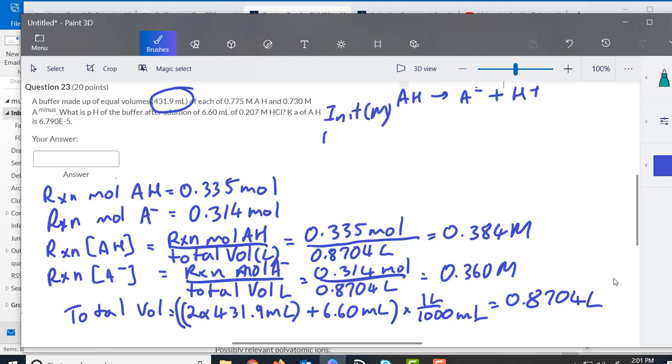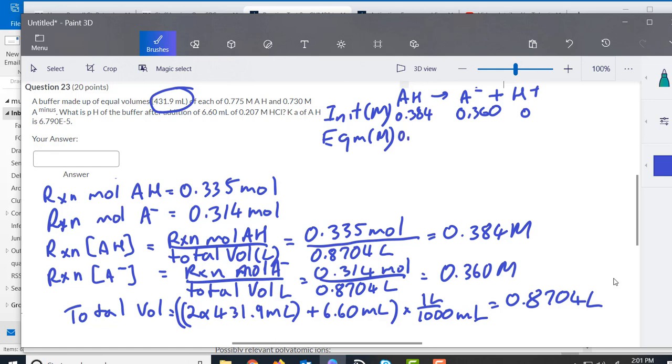There we go. And the equilibrium molar down here. Now the initial concentrations are the ones that are listed here for each one. So we've got 0.384 over here. We'll have 0.360 over here for the A-, and initially we assume that the H+ is 0.